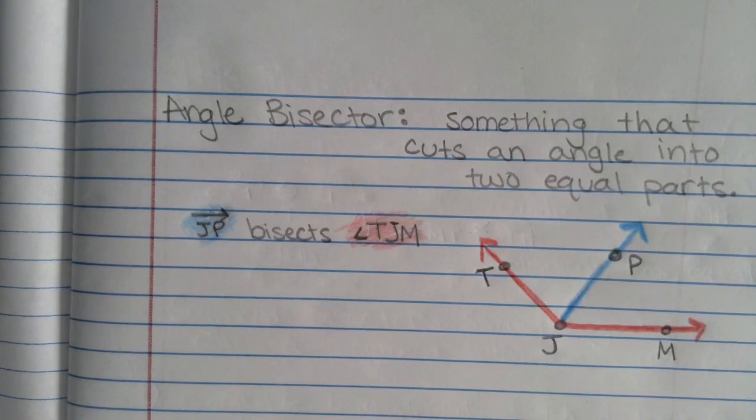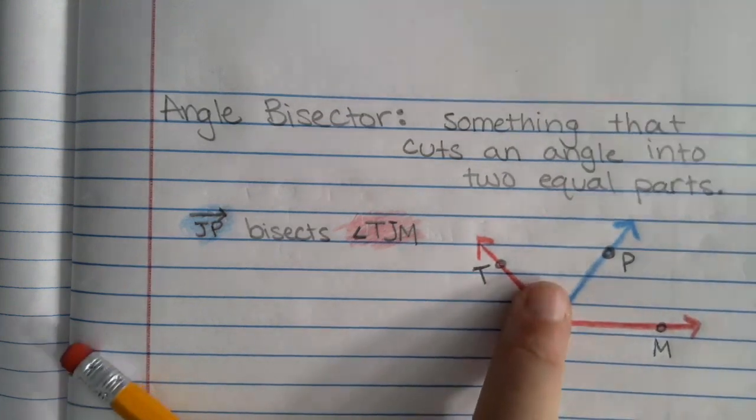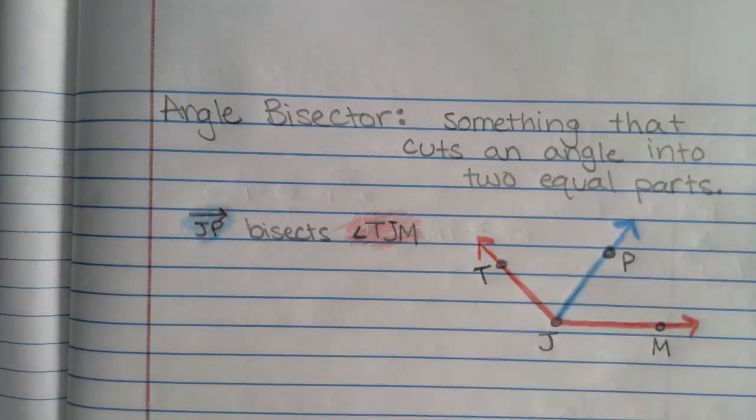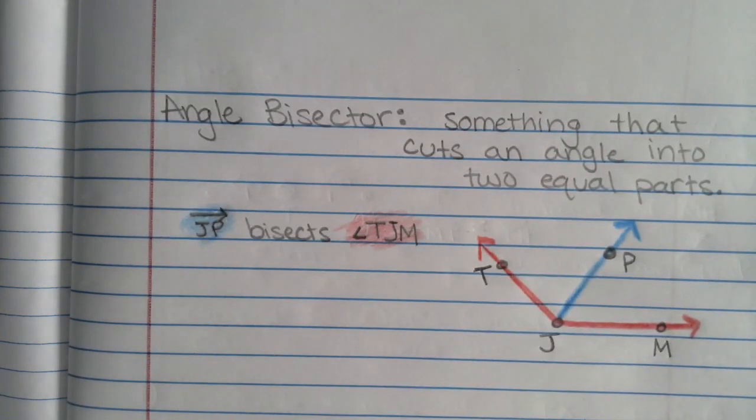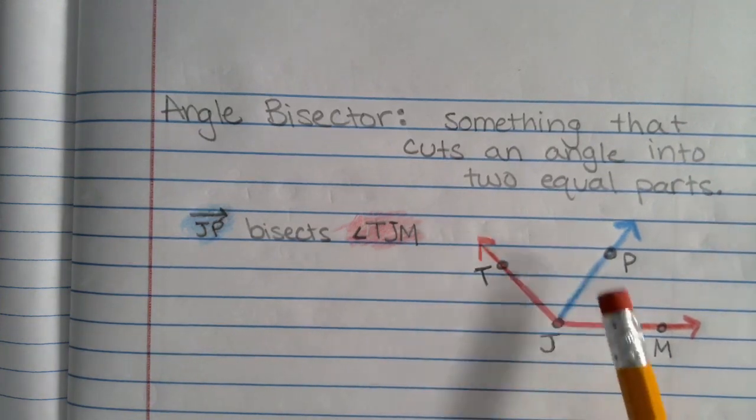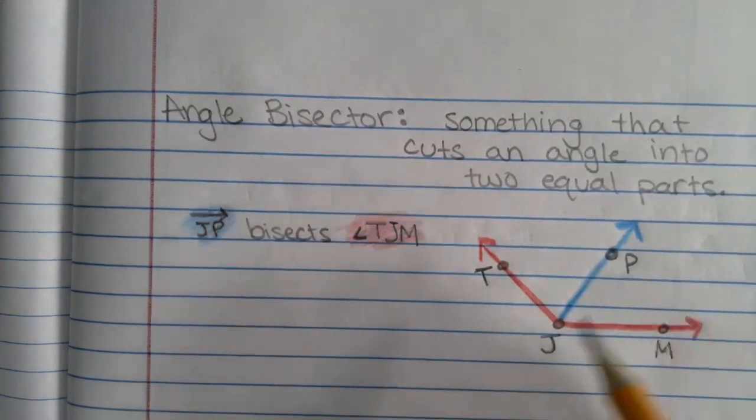All right, how can I show my reader that that is a bisector? What do I now know about these smaller angles? If I had something cut it in two equal parts, we know that these two angles are now congruent. They're equal.